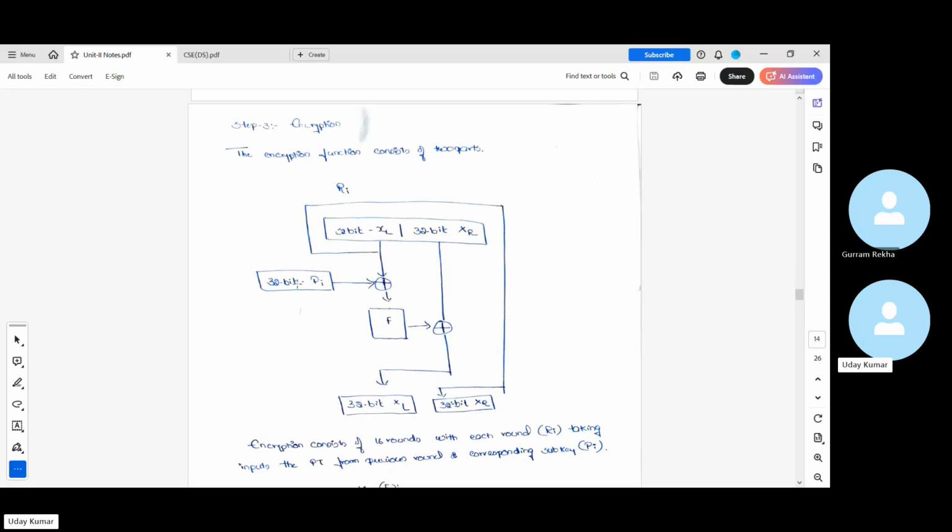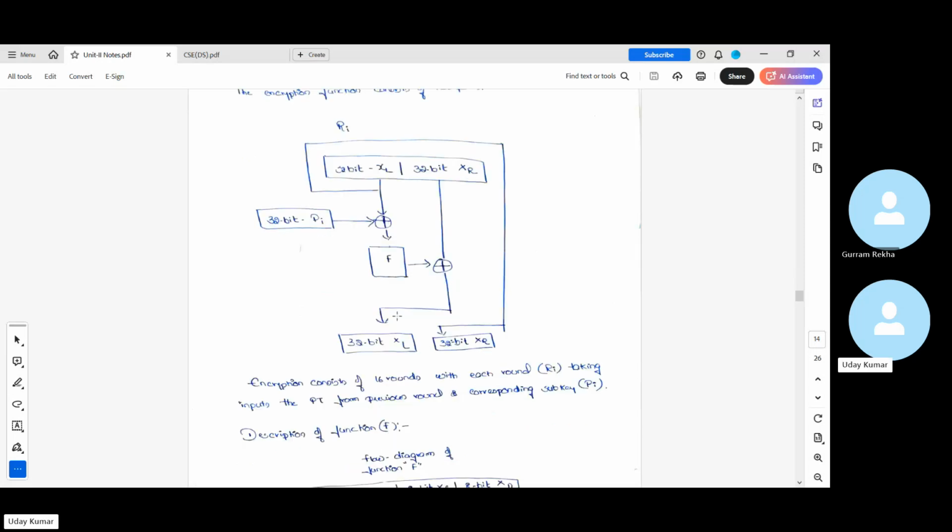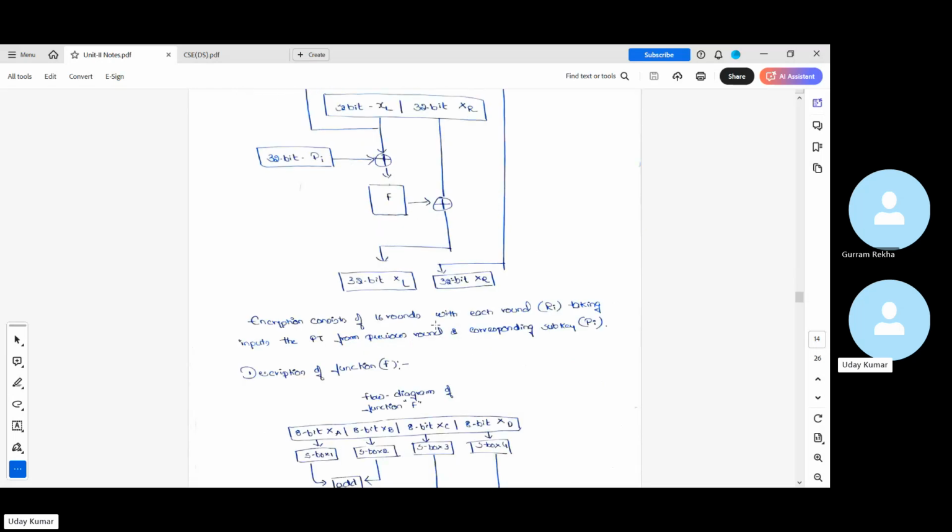This is the key here. Then you send that to the F box. The output of it is again XORed with the right half. And this is considered as left, and this left is considered as right for the next round. So this process will be repeated 16 times. So encryption consists of 16 rounds. That's what I mentioned here, right?